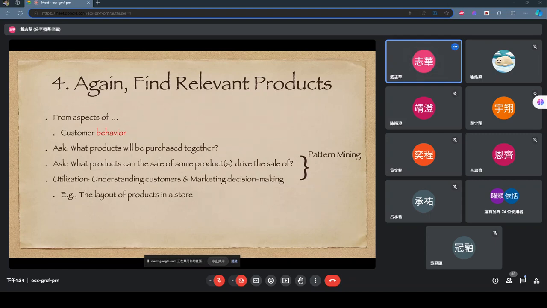Then you may say, okay, then we can just check the purchase lists one by one and go through all the purchase lists one time, then we could get the results. Yes, but not correct.